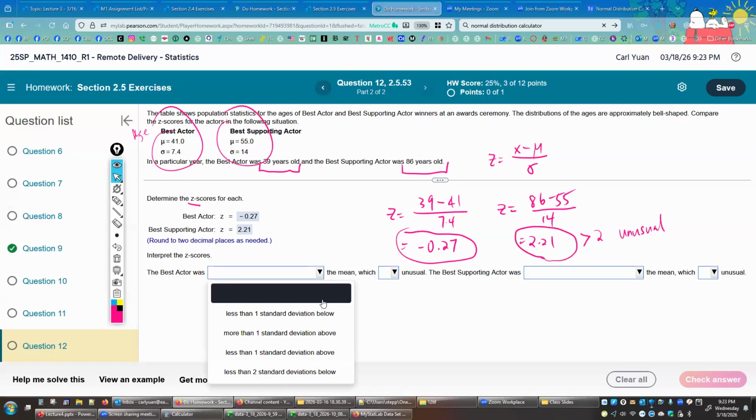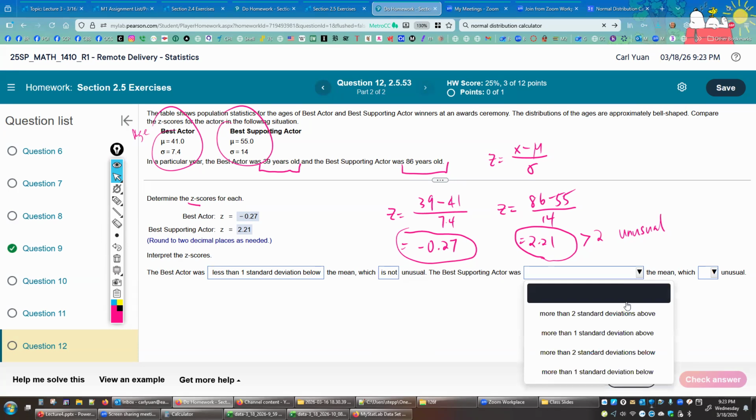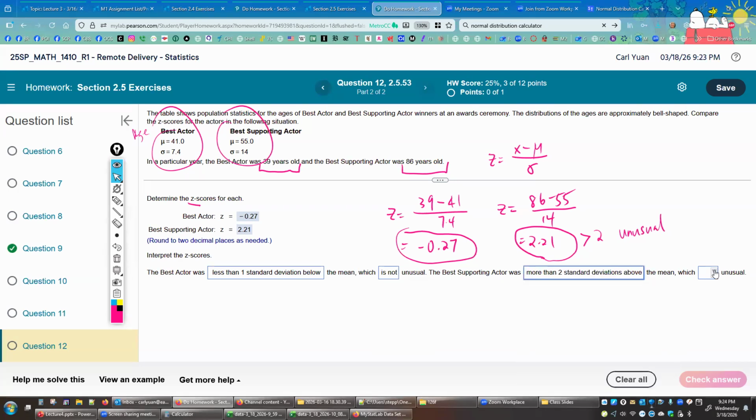Best actor was less than 1 standard deviation below because it's minus 0.27, so that's less than 1 standard deviation below, which is not unusual. The best supporting actor is more than 2 standard deviations above the mean, which is unusual.